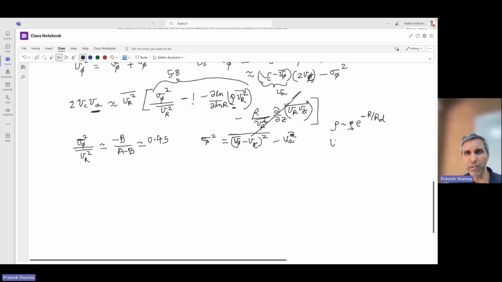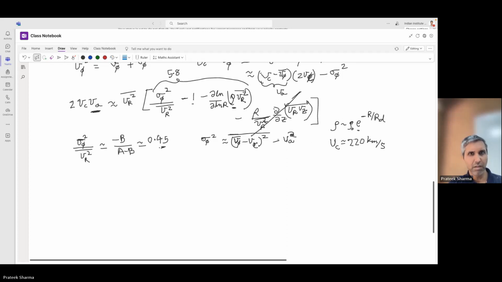And vc, we know the circular velocity is about 220 kilometer per second. We have this ratio from here. We will get this from this.